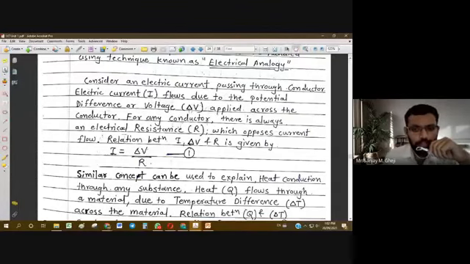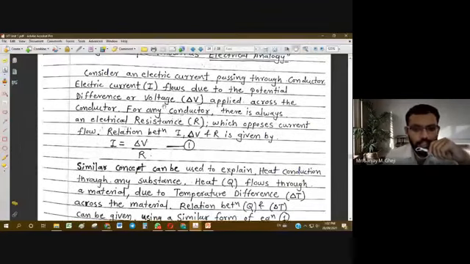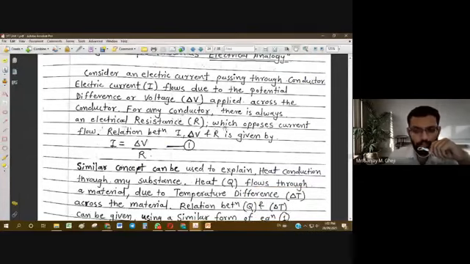Delta V is the potential difference or voltage difference, and the current flow is I. For any material, any conductor, any wire you take, there is always some resistance.